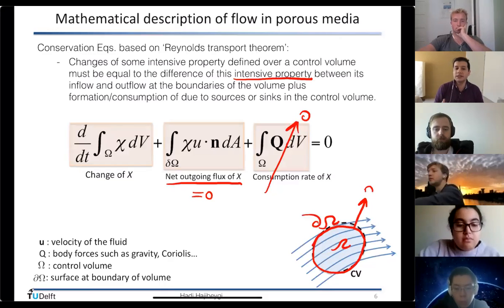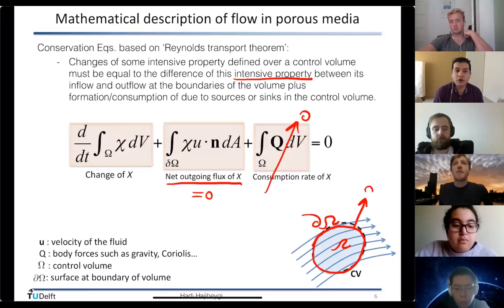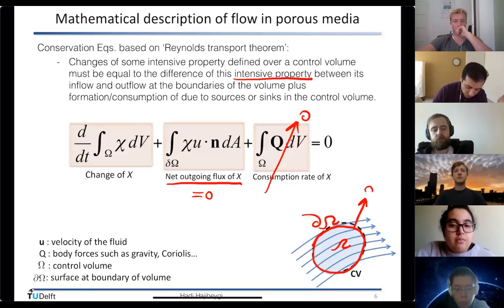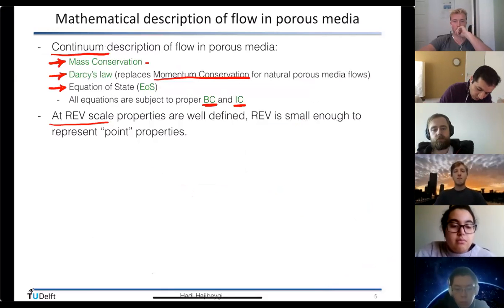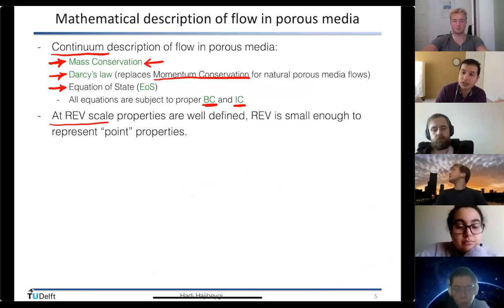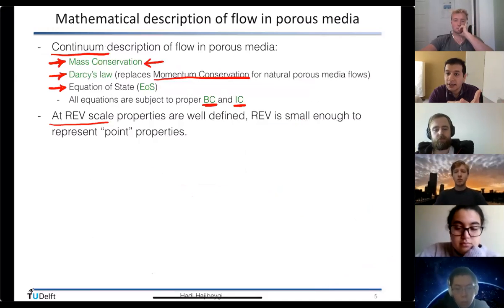Now let's do this generic conservation law for everything. What are the conservation laws that we need? We need mass conservation. Instead of momentum conservation, I want Darcy's law. And do I need heat or energy conservation law?